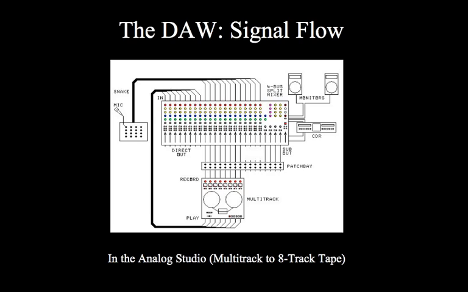Now, say that I've got a mic on a guitar and a mic on a vocal. Each of the guitar and the vocal will have their own channel. As that signal, and again, this is analog, so it's in the form of an electrical signal, is passing through this channel, it is going through from top to bottom.